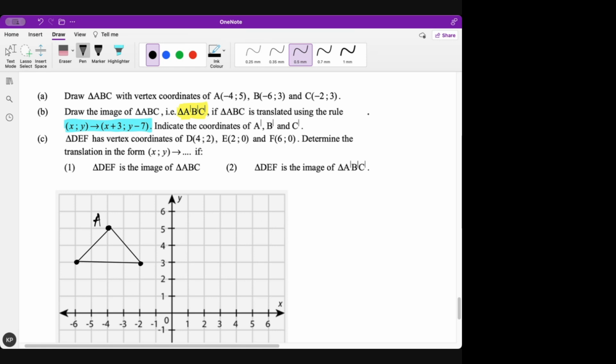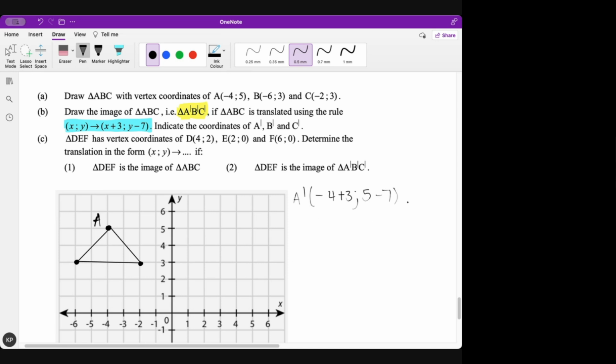Great. You can either go and move your dots everywhere, but I am choosing to use my coordinates. So point A prime will be -4 plus 3 and 5 minus 7, which is what?